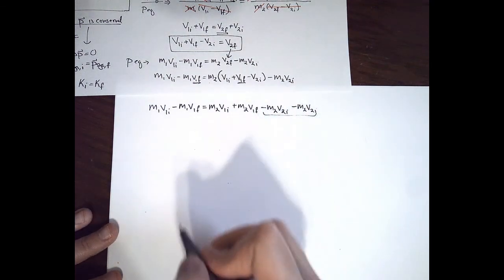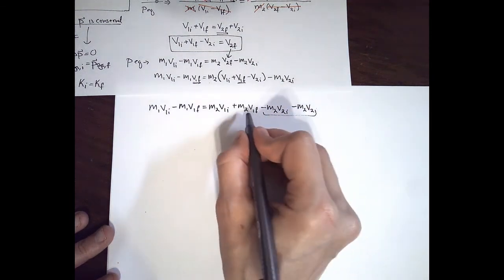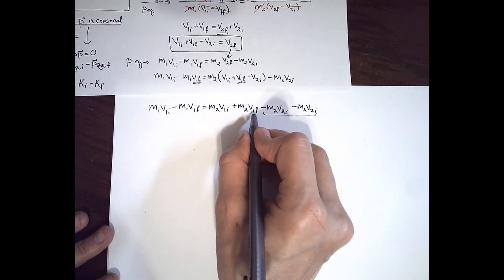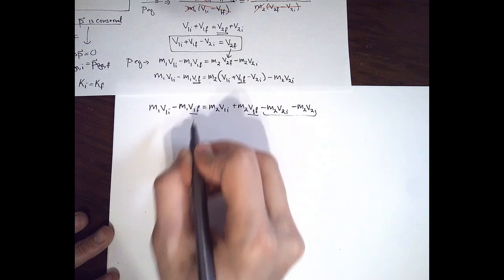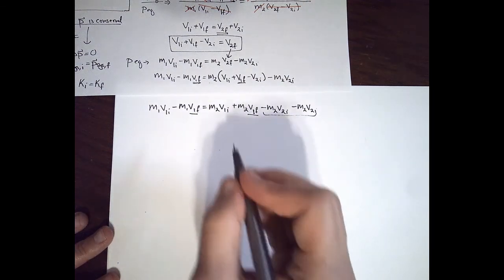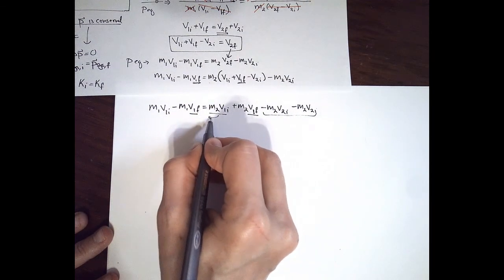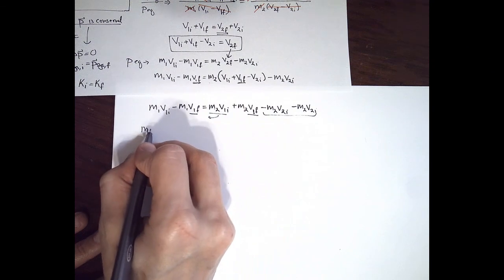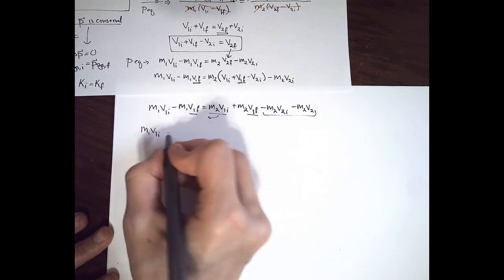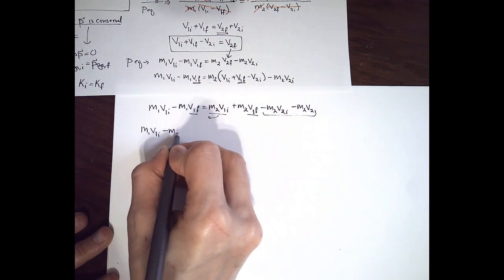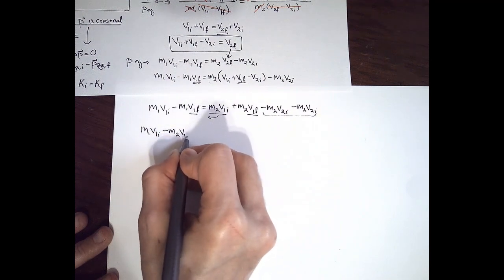Oh look, we got two of those. Very nice. They don't cancel though because they both got the same sign. All right, so now we're going to get all of the V1 final off to one side because that's what we're solving for. So I'm going to move this guy over to the other side. So I'll have M1 V1 initial. Nothing happens to that. It can stay where it is. This one gets subtracted over here. M2 V1 initial.